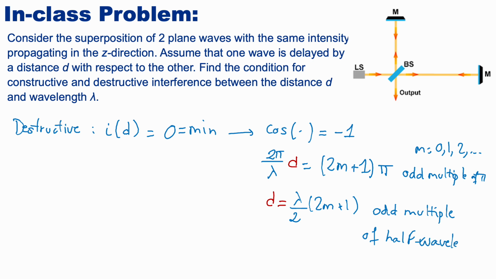And these are the conditions to have destructive interference when we have two plane waves and one is slightly tilted. I hope that you get a better understanding of interference and wave measurement. Thank you.